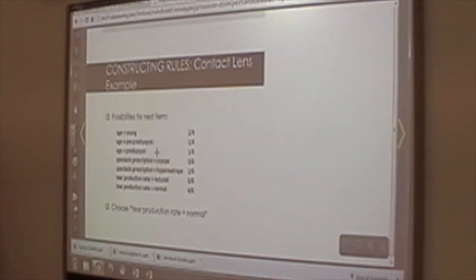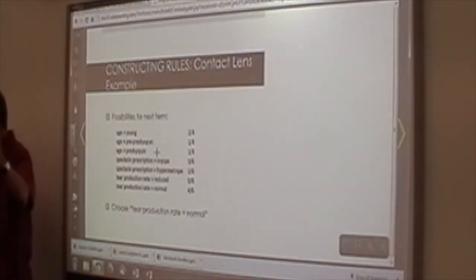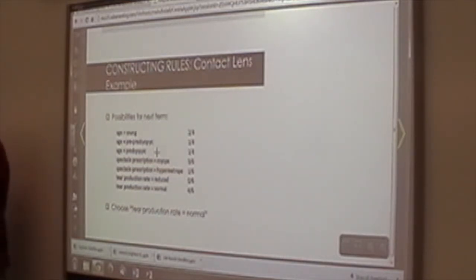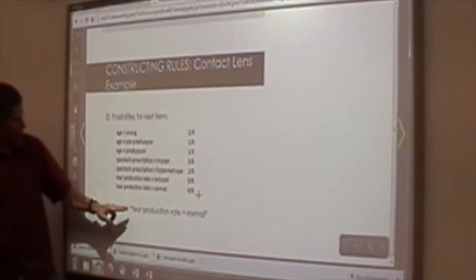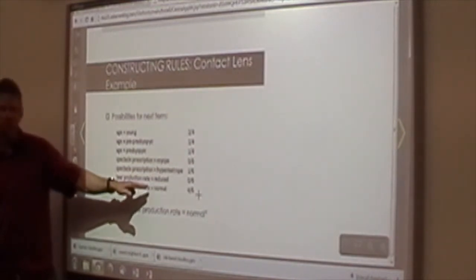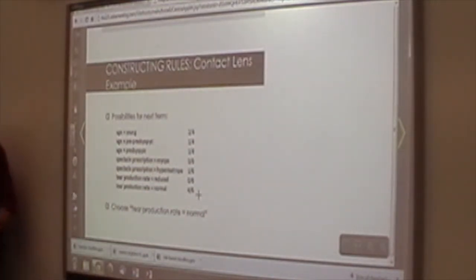And similarly, if astigmatism is yes and our prescription is myope, we now have 6 instances, of which 3 have a recommendation for hard lenses. And if you look on the right-hand column again, we notice that the largest fraction comes from choosing tear production rate equals normal.